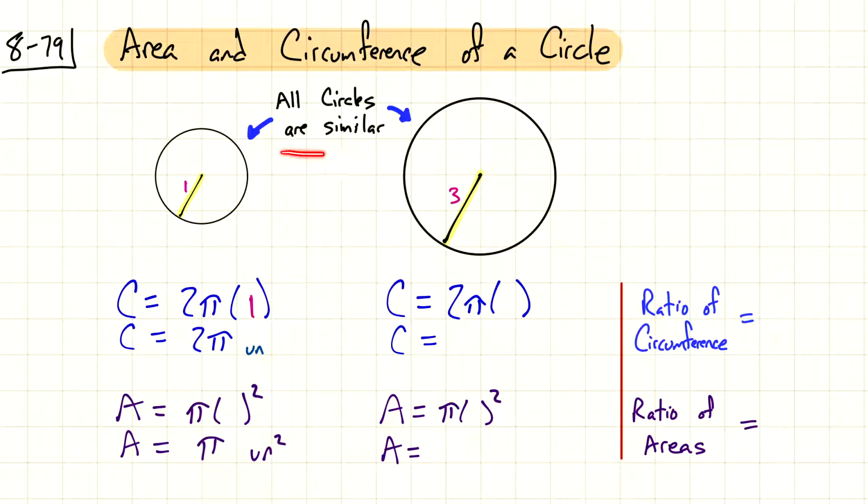The nice part is all circles are similar. Every single circle looks the same. There is not one circle that looks different than the other. The only difference is sometimes the radius might change, so the circle will get bigger or smaller. So let's look at some calculations that I've already written out for us.